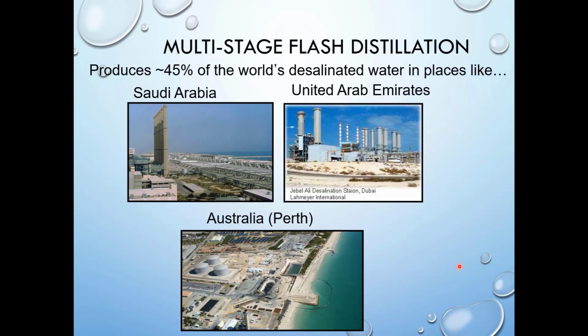There are quite a few places that do use multi-stage flash distillation to purify salt water into drinking water, especially Saudi Arabia and the UAE, and also Australia. All of these places tend to be surrounded by water and not have a whole lot of their own natural bodies of fresh water available.